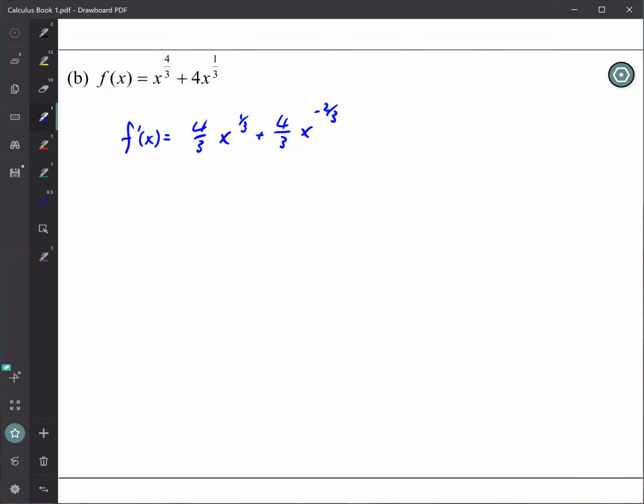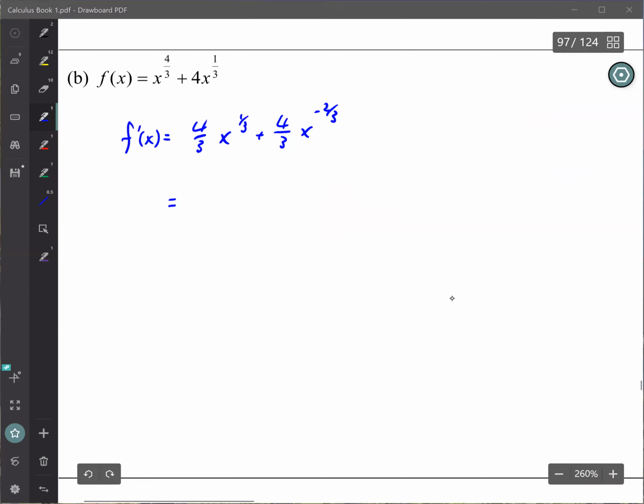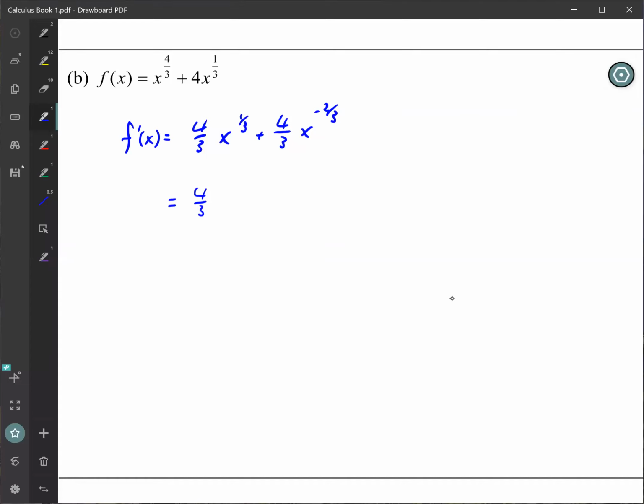To simplify this, we need to factor it. So we'll take out the 4/3. Factor the GCF, and also I'm going to take out the x to the -2/3, because I don't like having a negative exponent inside. So this GCF, please write down what's left, and raise your hand if you finish factoring.